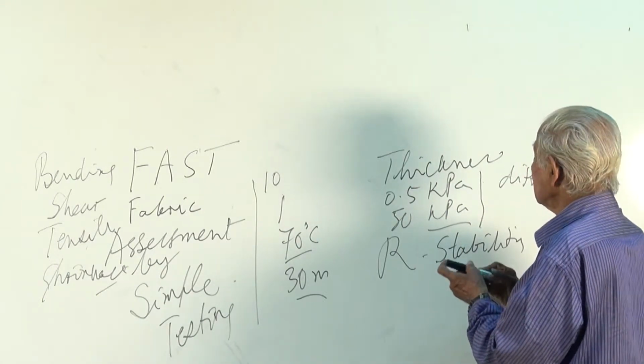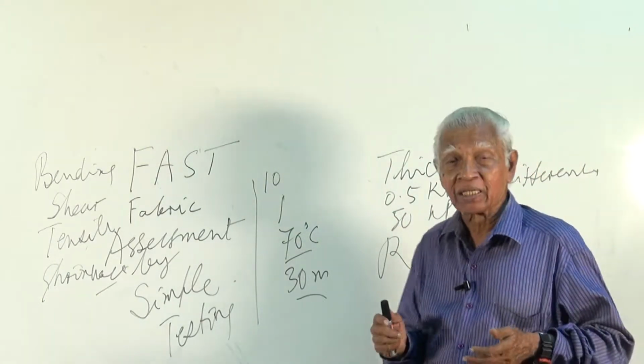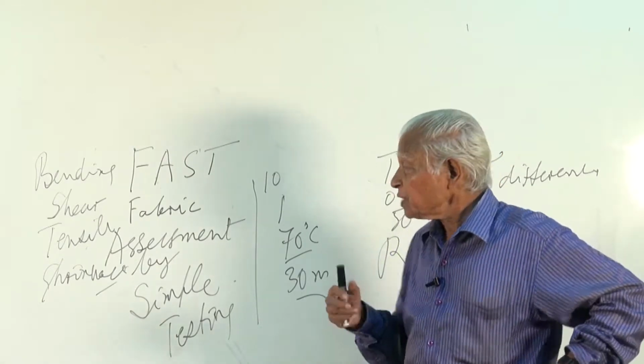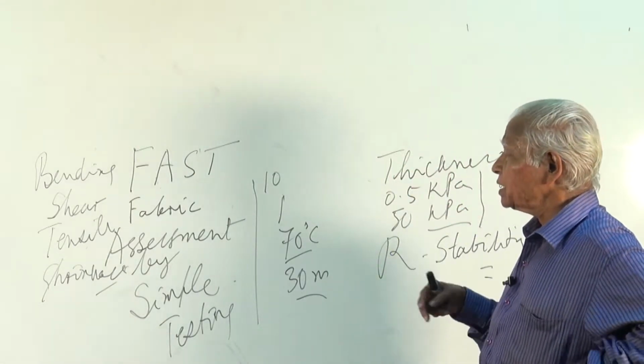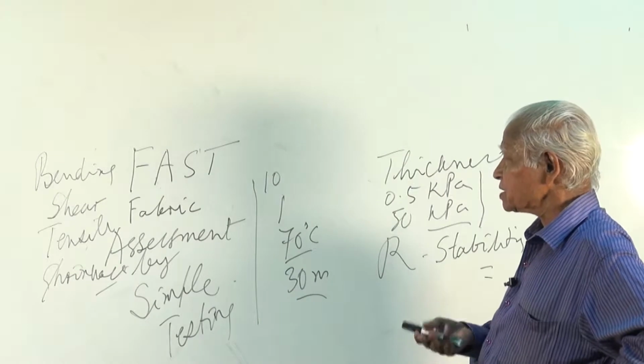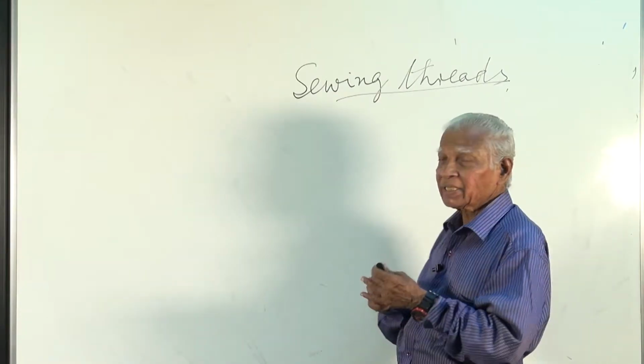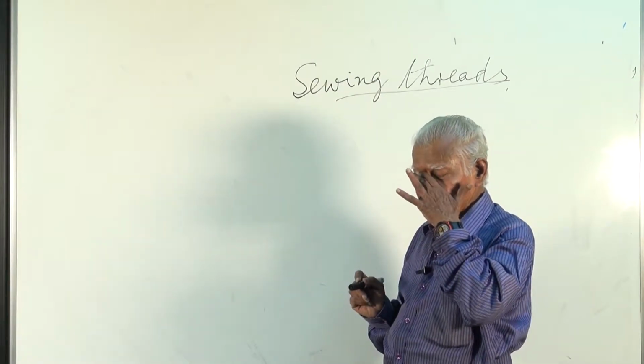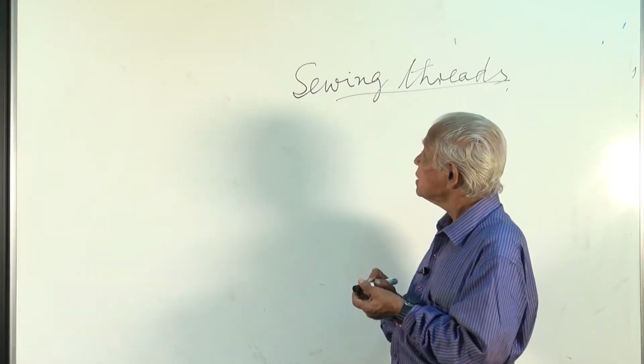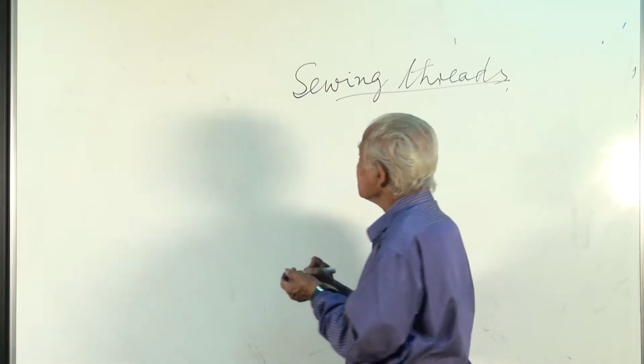So by providing this information, the FAST system has been found to be of great use by these fabric manufacturers and also the users. Some information about the sewing thread and factors like seam slippage are discussed.